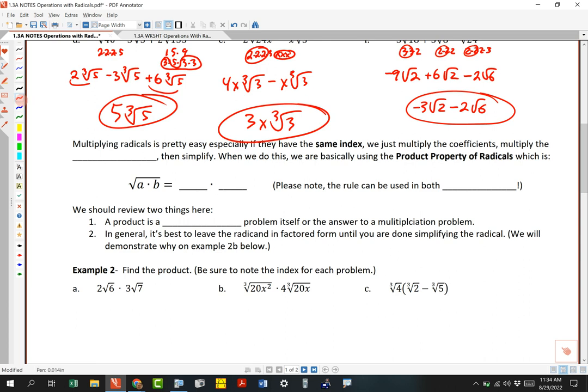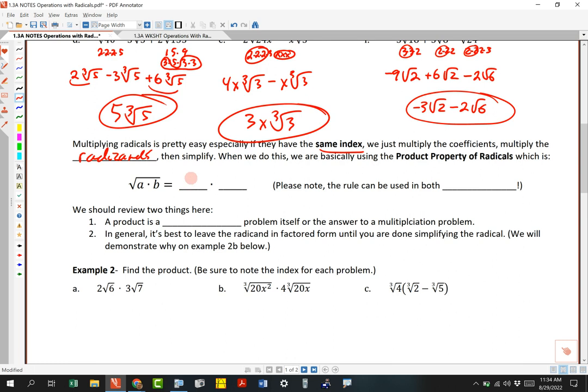Okay. Multiplying radicals is pretty easy, especially if they have the same index. We just multiply the coefficients, and since they've got the same index, we multiply the radicands. So what we're basically doing is using the product property of radicals.